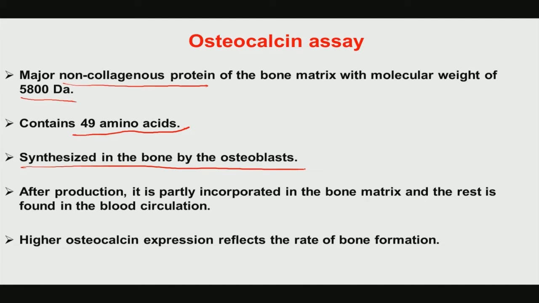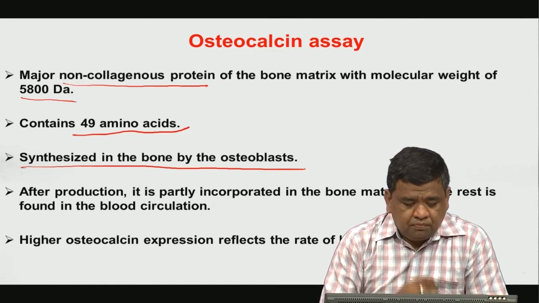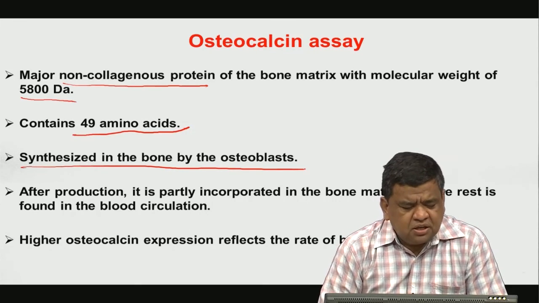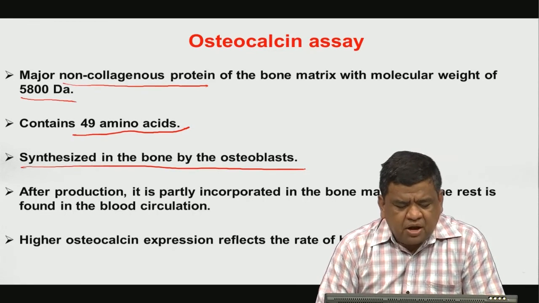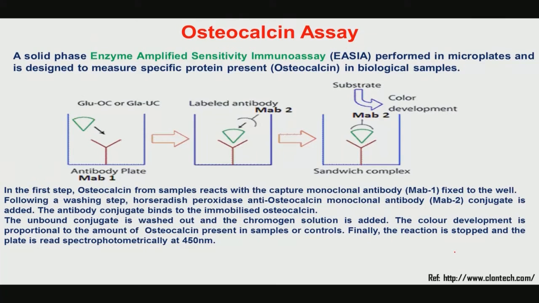So, whenever your osteocalcin expression is upregulated or increased, that is also a reflection of the osteoblast activity, since osteocalcin is synthesized in bone by the osteoblast. After production it is incorporated in the bone matrix, and the rest is found in blood circulation. Higher osteocalcin expression reflects the rate of bone formation.